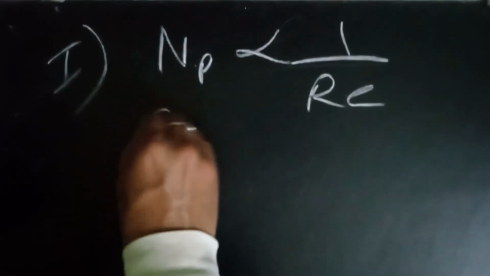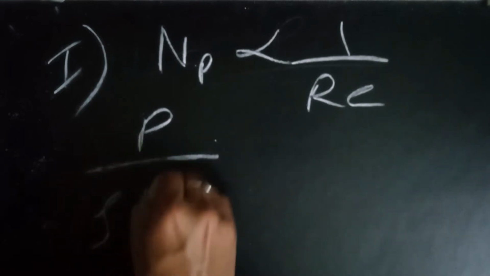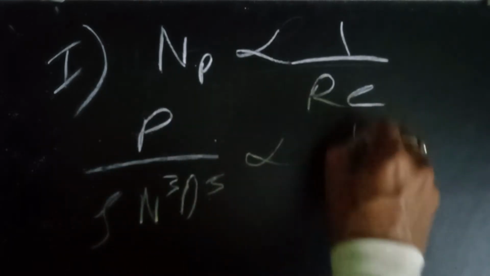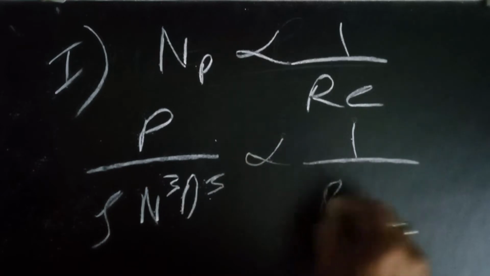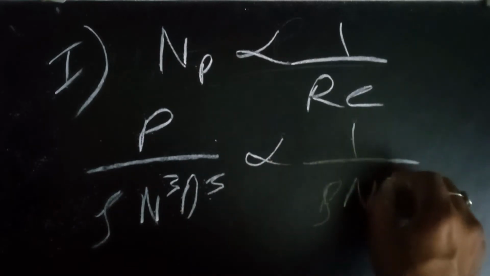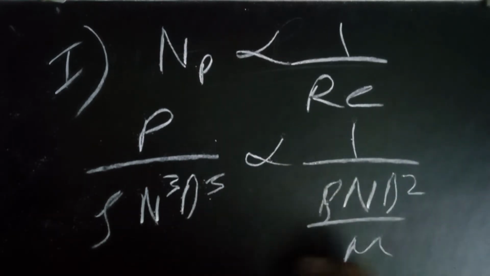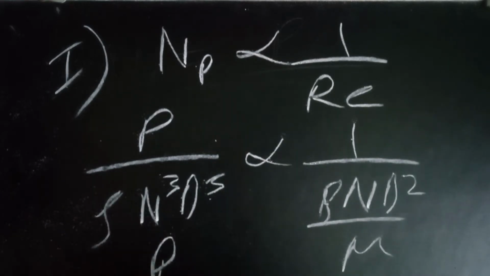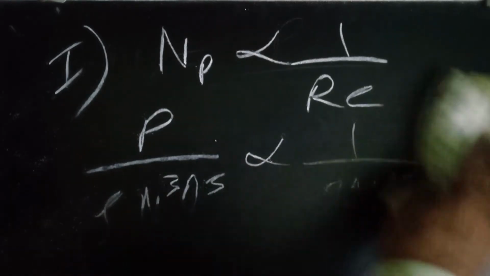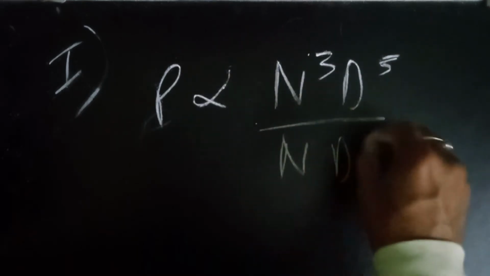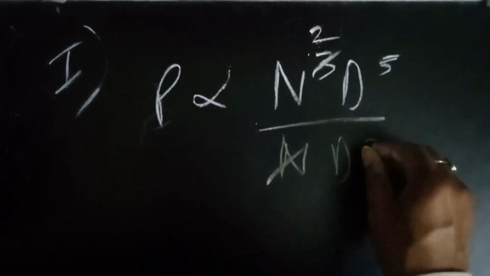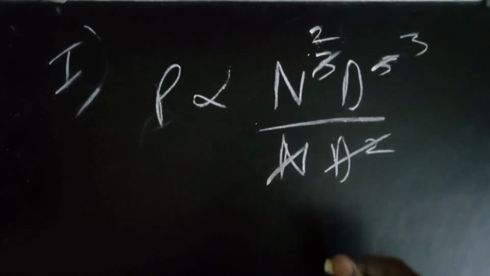That means P upon rho n cubed d to the 5 is inversely proportional to rho n d squared upon mu. So power is proportional to n cubed d to the 5 upon n d squared, that is n squared d cubed. Power is proportional to n squared d cubed.